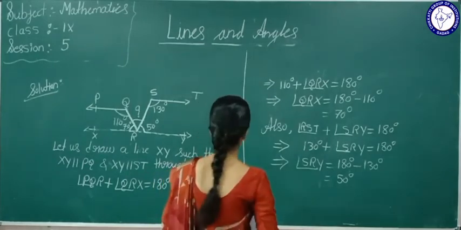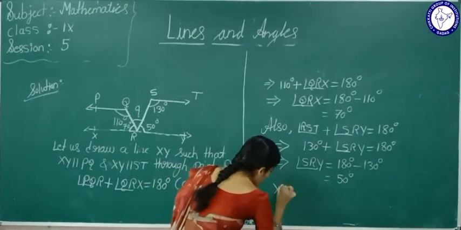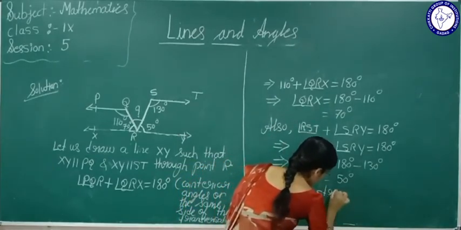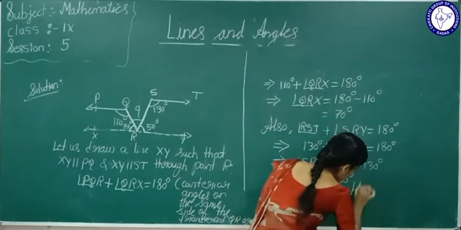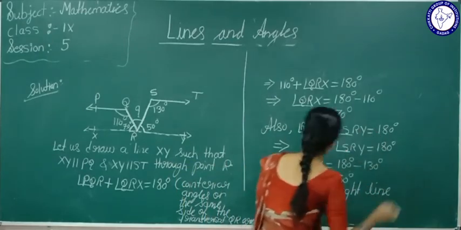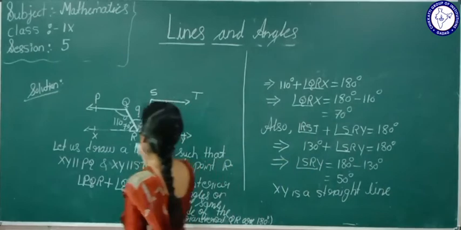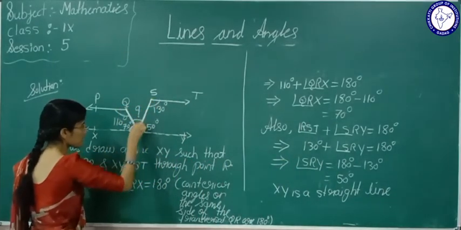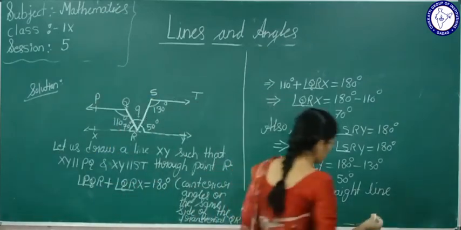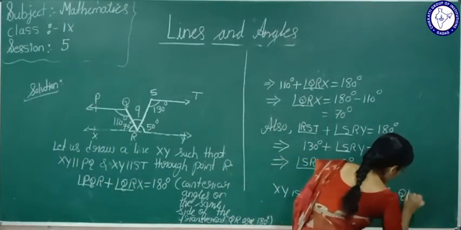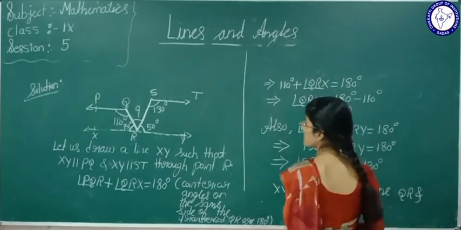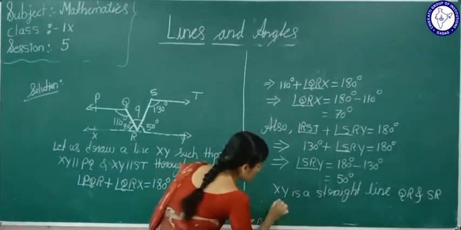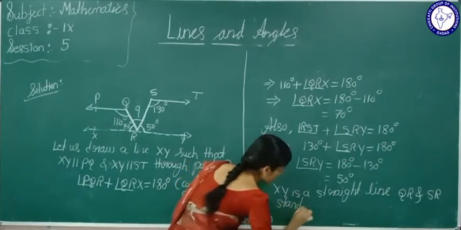So what we can write here is: XY is a straight line, and QR and SR stand on it.